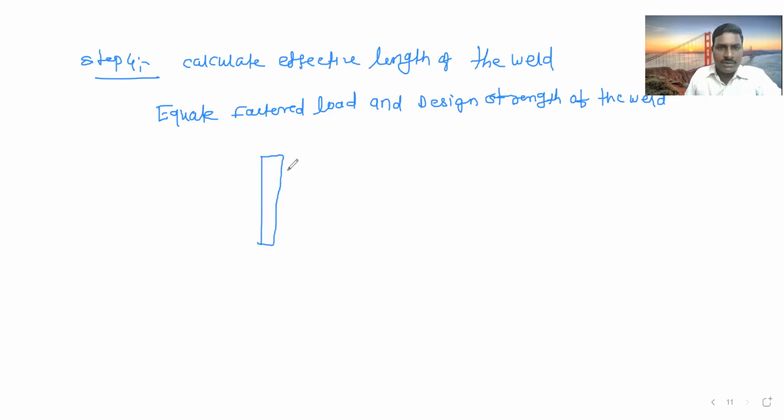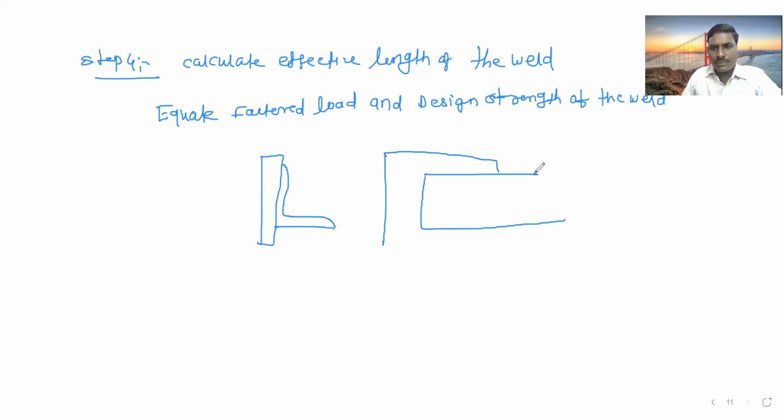This is the plate. For this plate, this angle is connected. In plan, this is the plate. This is the angle. So now this is the depth of the angle. This is the thickness of the angle.